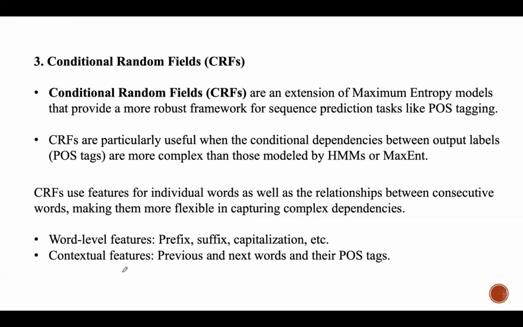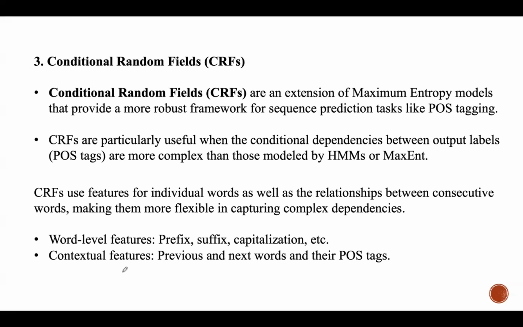Then conditional random fields. These are used for structured prediction, and are more powerful than hidden Markov models in some contexts. Unlike hidden Markov models, conditional random fields model the conditional probability of an output tag given the input sequence directly, without assuming a generative process.